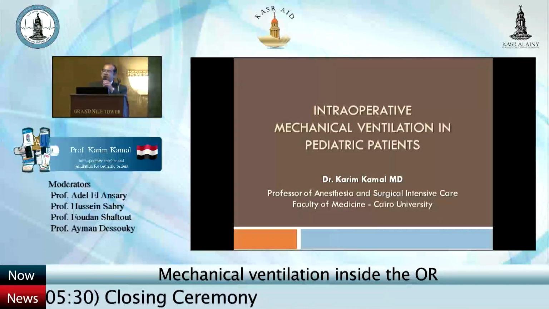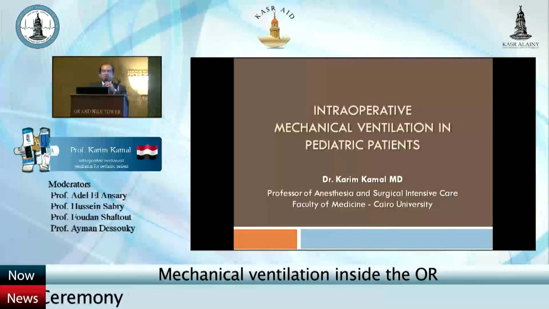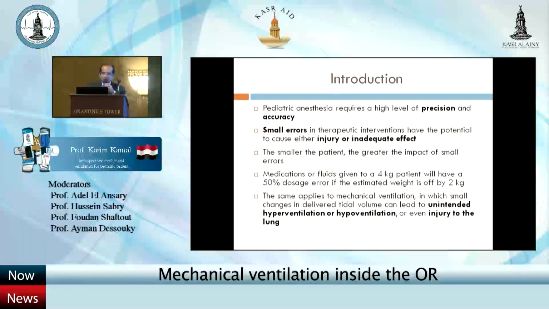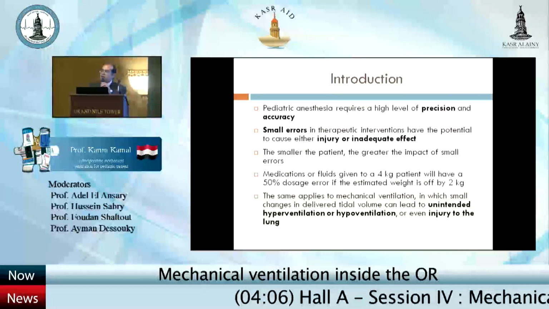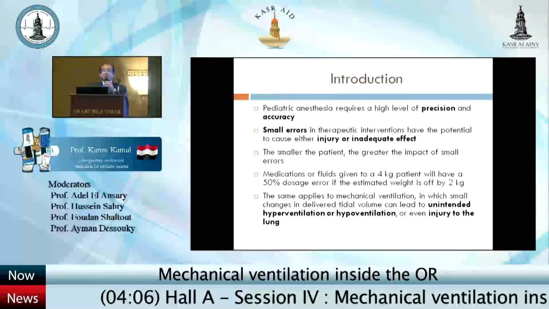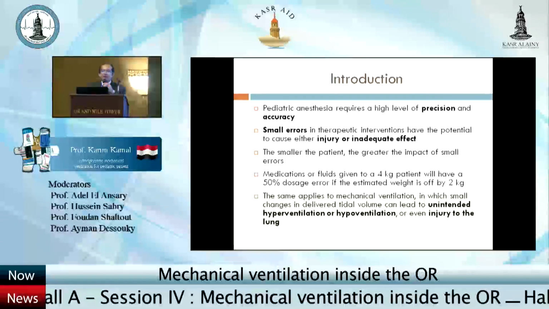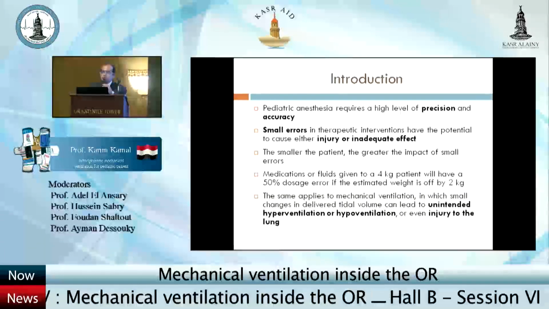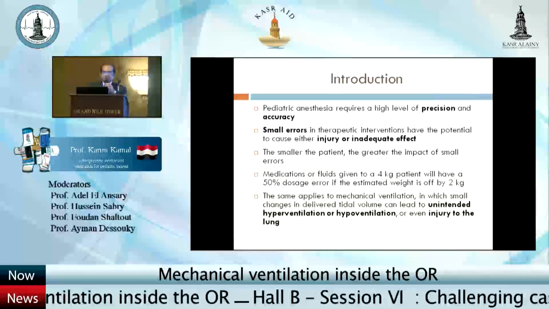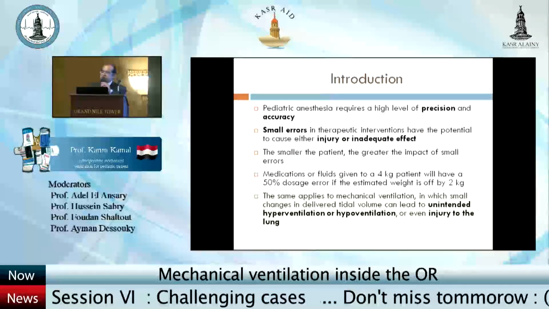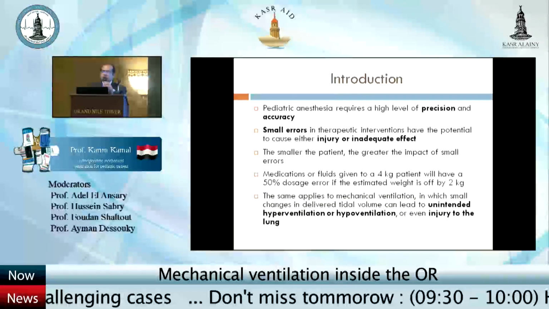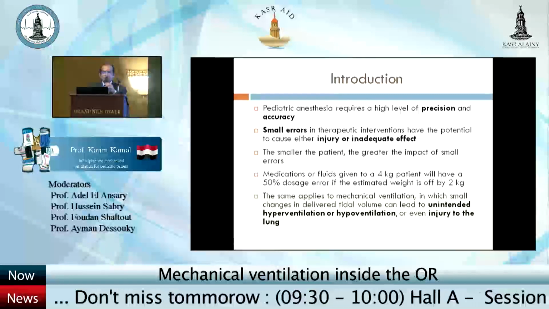The topic of this lecture is intraoperative mechanical ventilation in pediatric patients. Anyone who has worked with children in the OR knows that pediatric anesthesia requires a very high level of precision and accuracy. You have to be very precise and accurate in everything you give and everything you do, because small errors in therapeutic interventions have the potential to cause either injury if you give too much, or inadequate effect if you give too little.